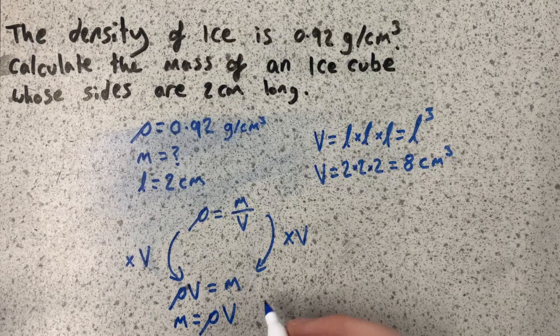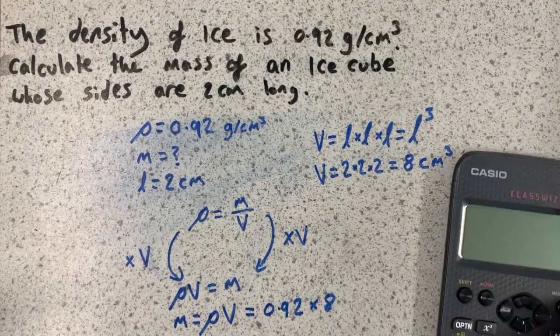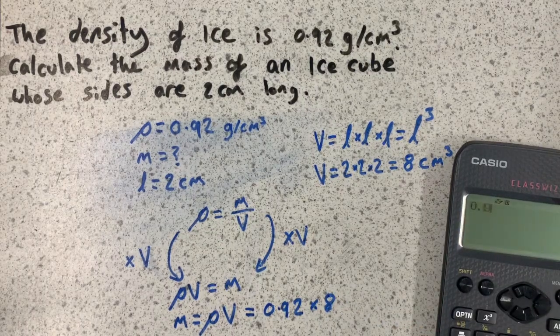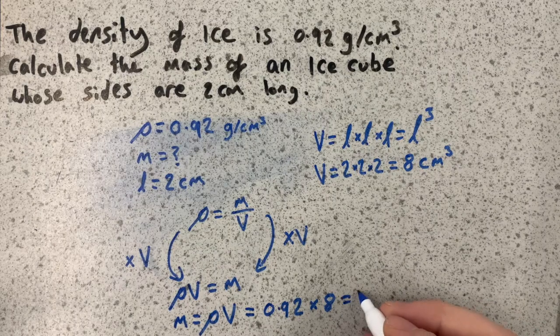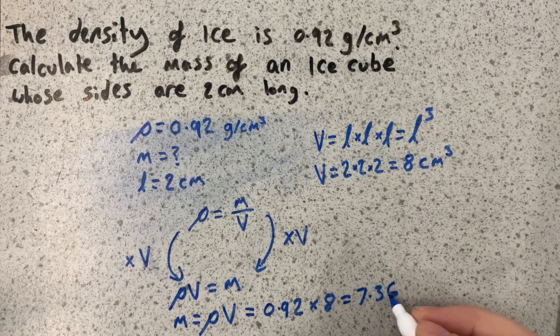And then I need to substitute my numbers in. So the mass is going to be 0.92 multiplied by 8. Then bring the calculator over. No sense in doing it in your head when you get a calculator in your exams. 7.36. And so the mass is 7.36, and it's going to come out in grams.